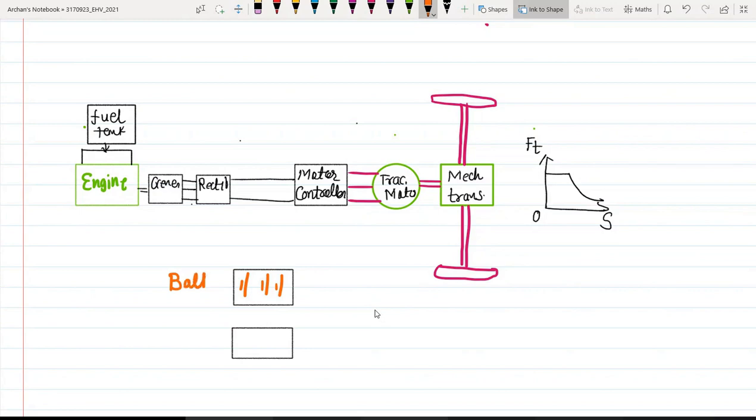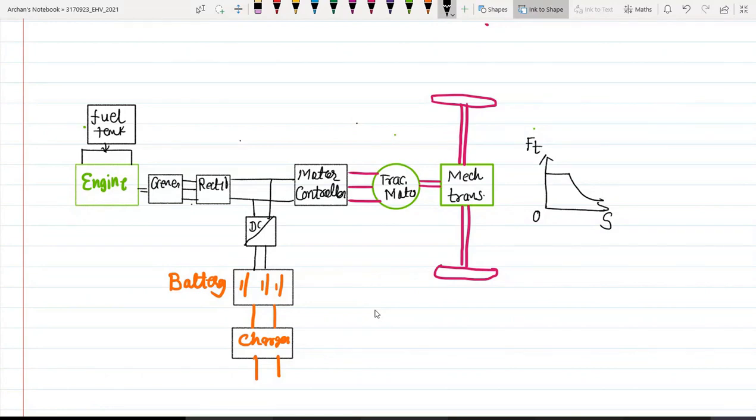So this is our battery. And to charge this battery, we will require a battery charger. So this will be my battery charger. And then again, I will require a DC to AC converter or AC to DC converter. So one power electronic converter would be there, which will convert any power, whether it is DC to DC or AC to DC, which is connected to this motor controller.